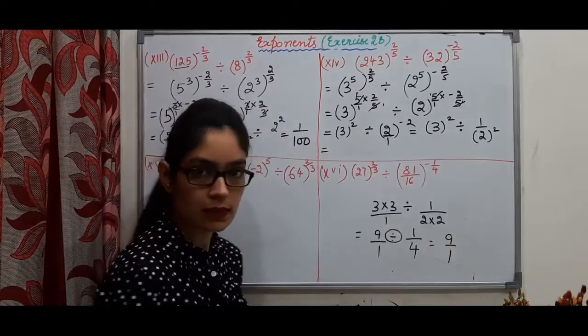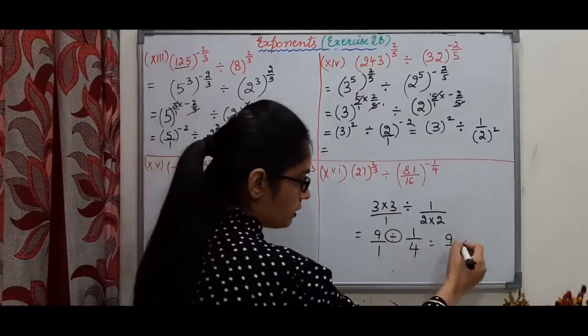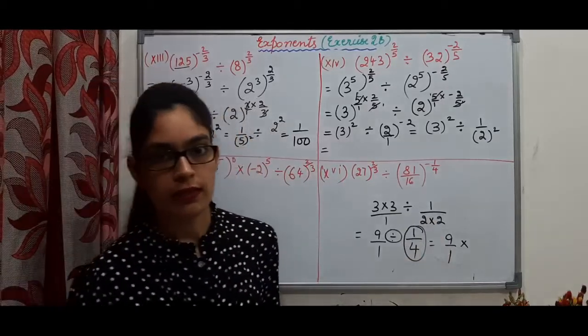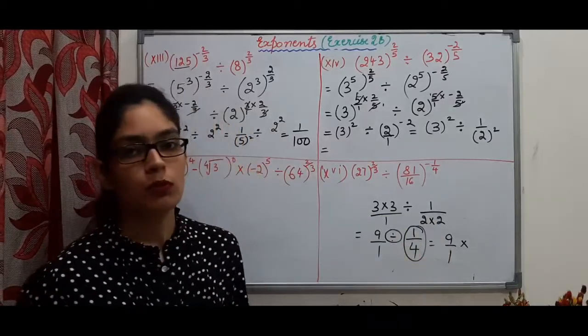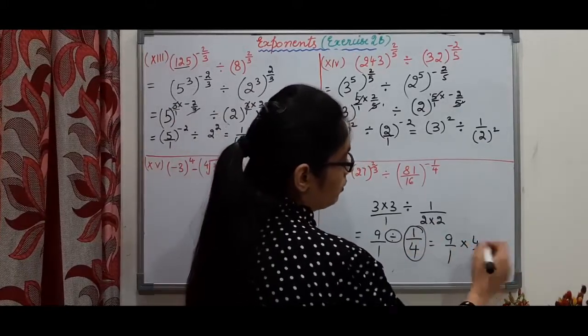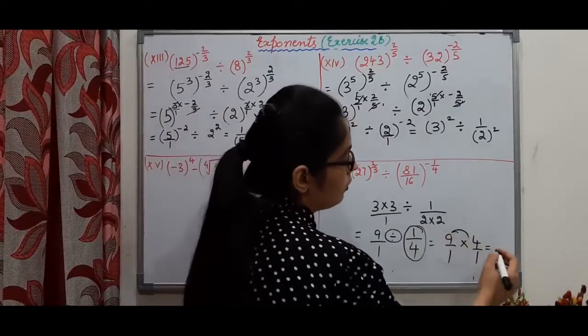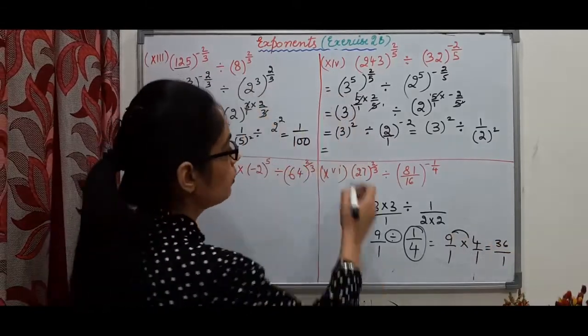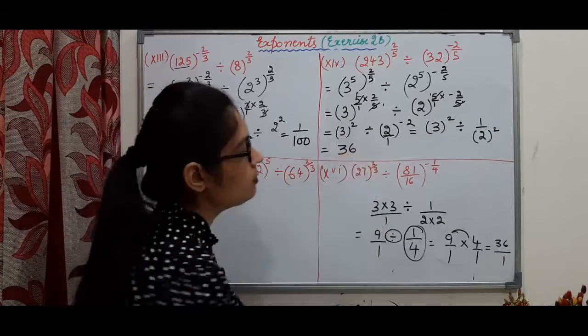The first fraction stays as it is, division becomes multiplication, and the number after division we take the reciprocal. So 1 by 4 becomes 4 by 1. Now multiplication: 9 into 4 is 36, 1 into 1 is 1. So 1 no need to write, and we directly write 36.